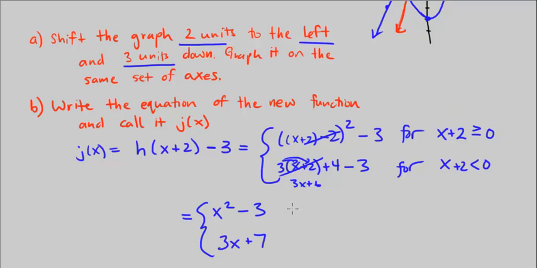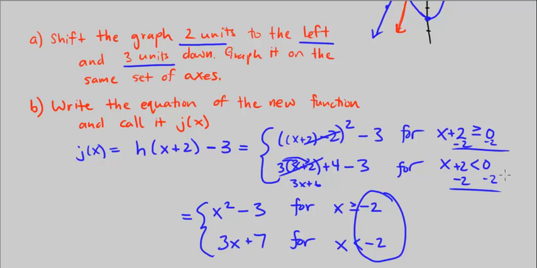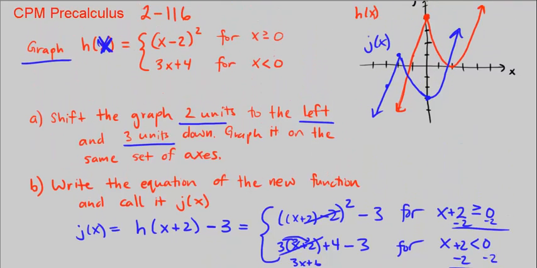Don't forget the regions, what piece is defined for what region. Subtract 2 from both sides, and we get x greater than or equal to negative 2. And here we also subtract 2 from both sides, and we get x less than negative 2. So now in blue we should have our transition happening at x equals negative 2.